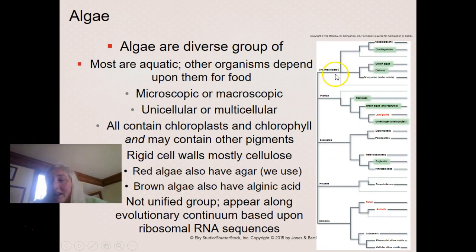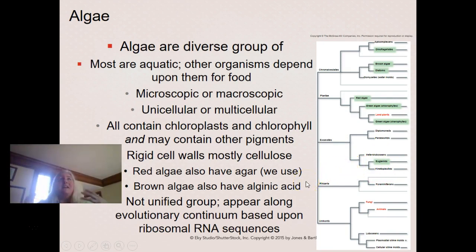We have some algae up here that are by the water molds, and water molds, like I said before, fall under the fungal category. We have other algae right here that fall in with some of the protozoan organisms.